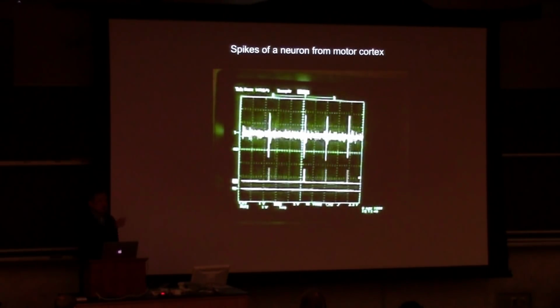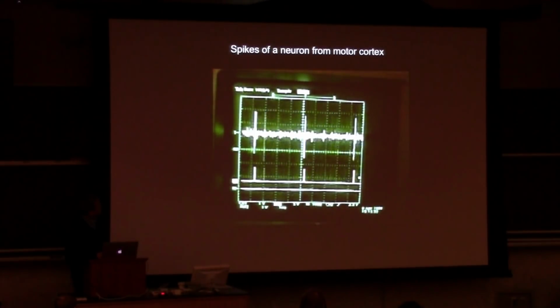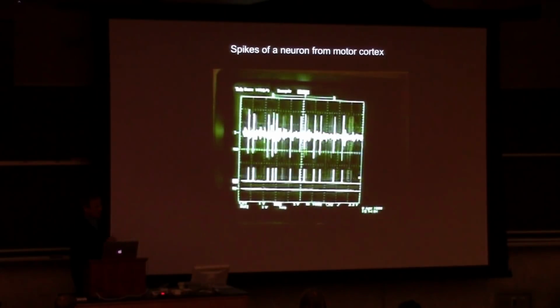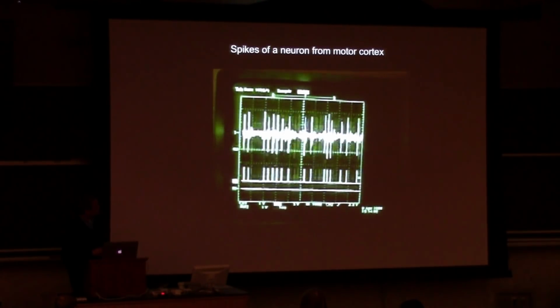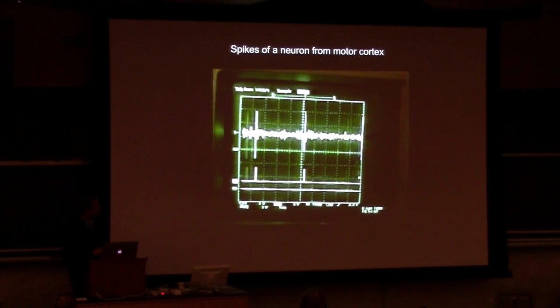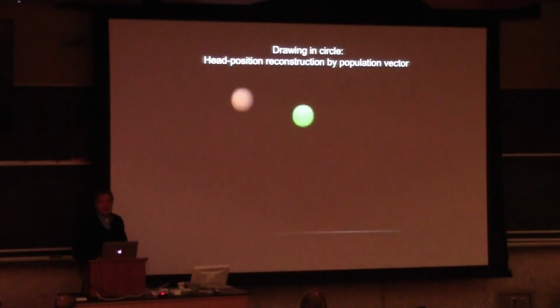The animal is doing a circular movement of the hand. It's a monkey, so it's very random. There's one big spike from one cell, and other, smaller cells from maybe farther away. That shows you the actual spikes are very noisy.